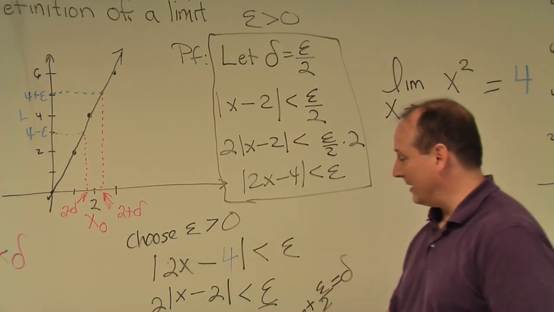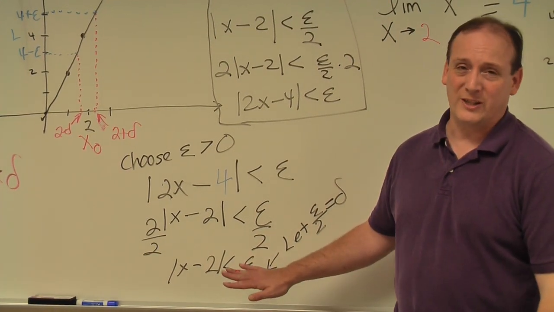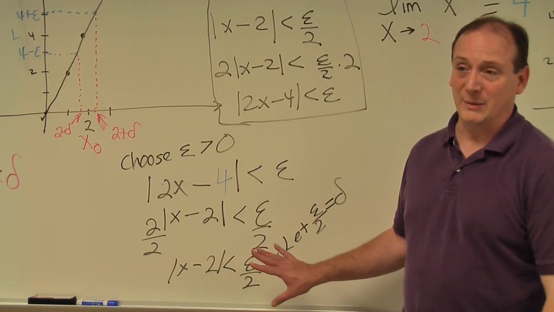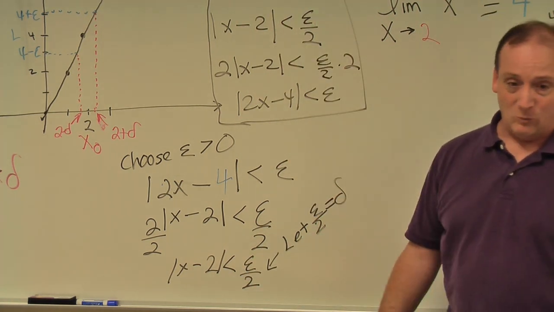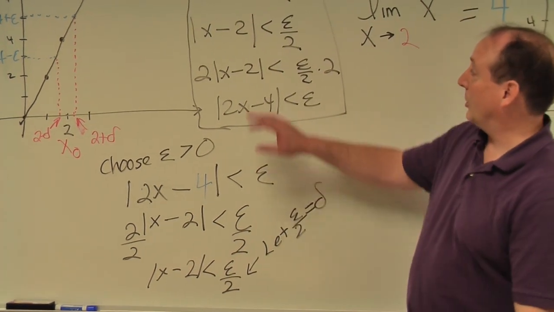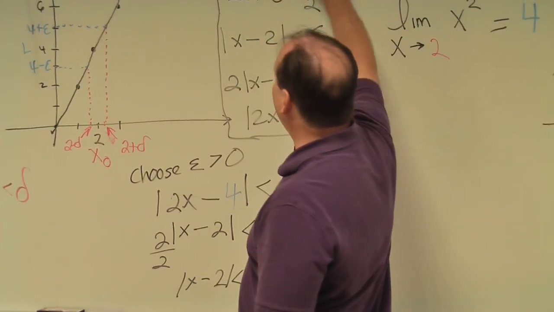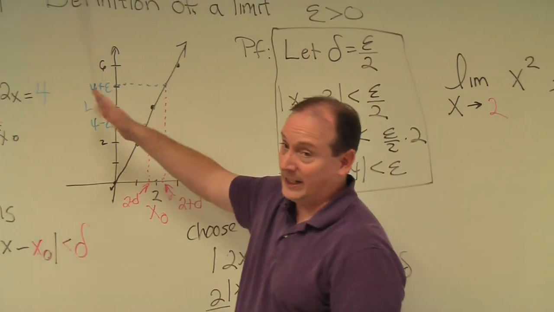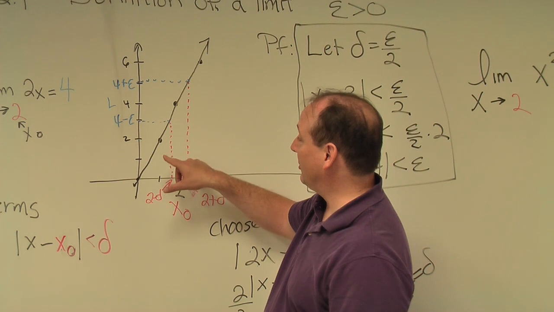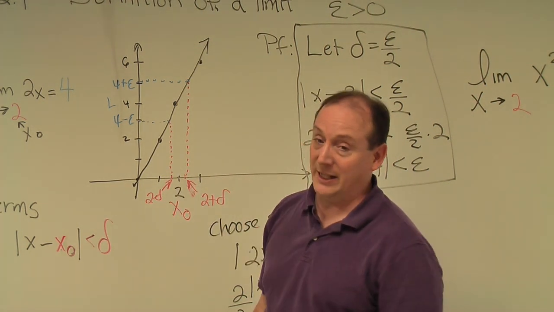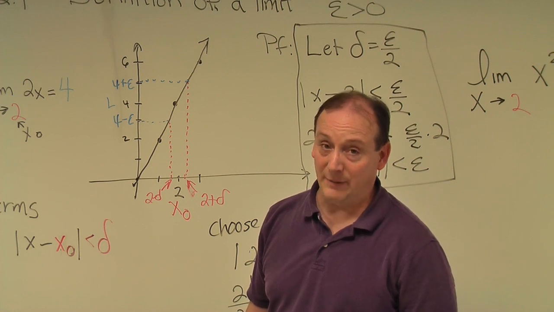So the way these go is you do some scratch work at first, you find out what your delta needs to be, and then you literally write backwards what you wrote as a proof. So the idea here is this: you tell me how close you want to be to 4, and I tell you then how close you need to be to 2 to get as close as you wanted to be to 4.